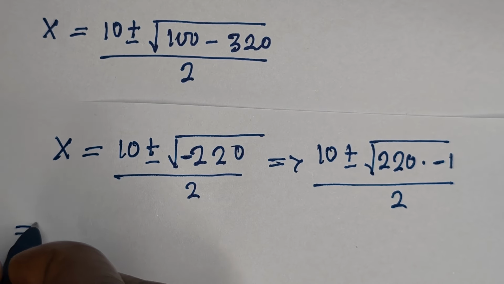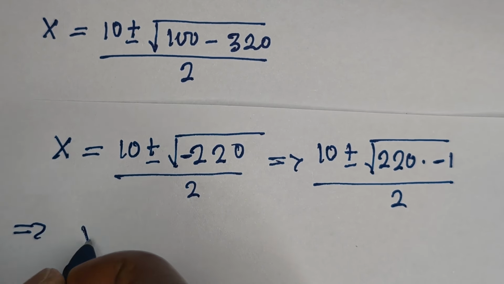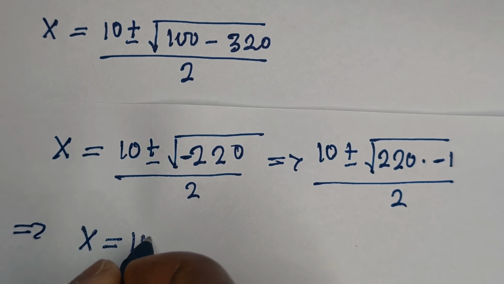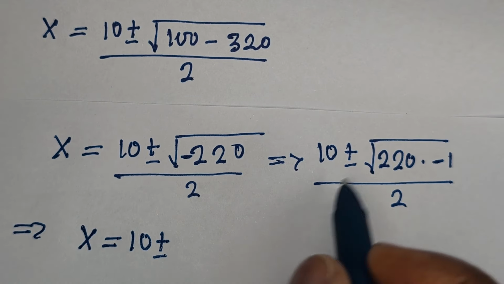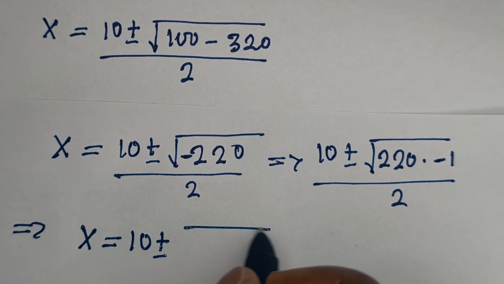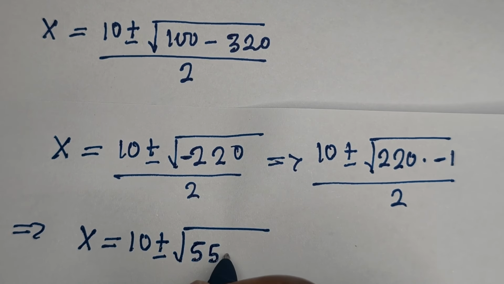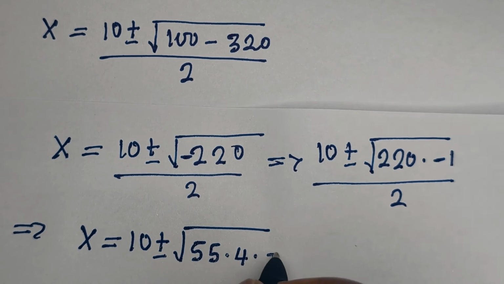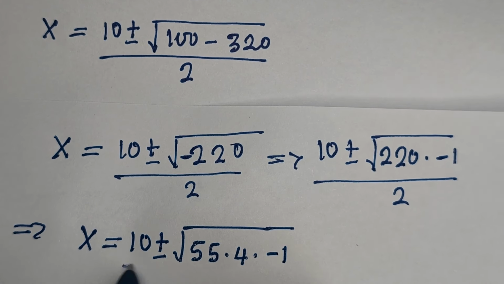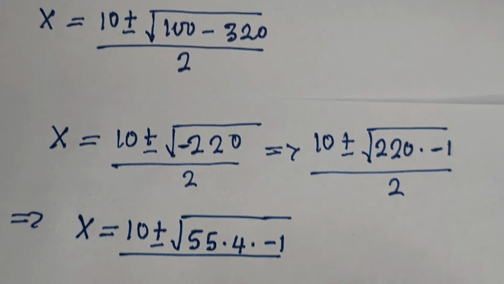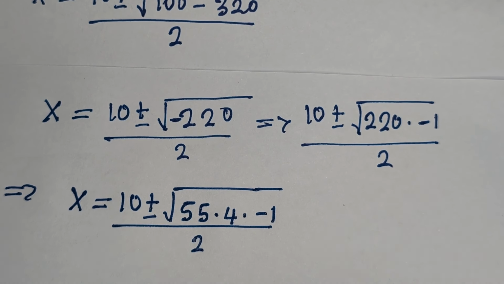And this is, we have x is equal to 10 plus or minus, the whole of this can be written as square root of 55 multiplied by 4 multiplied by minus 1, over 2.